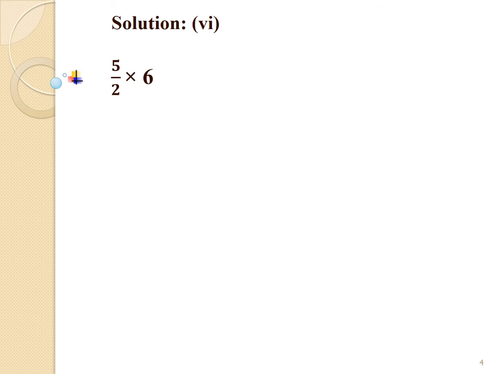Now, let us solve sum number 6. 5 upon 2 into 6. Multiplying numerator 5 with whole number 6 and keeping denominator 2 as it is, we get 30 upon 2.